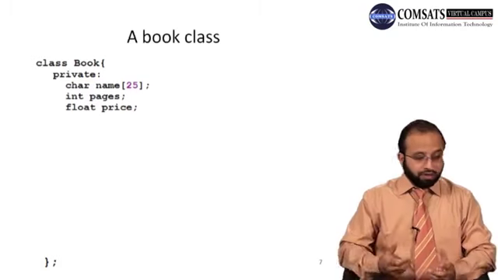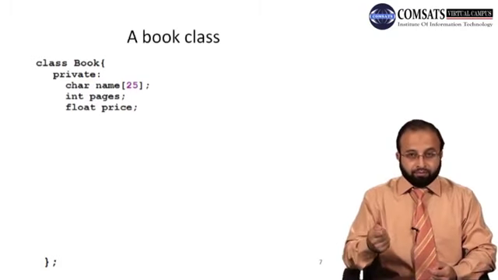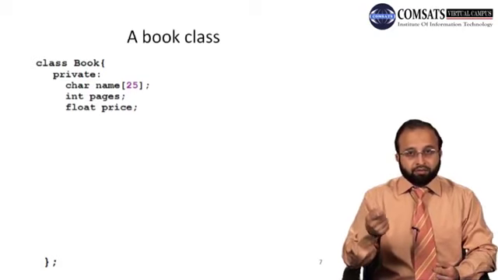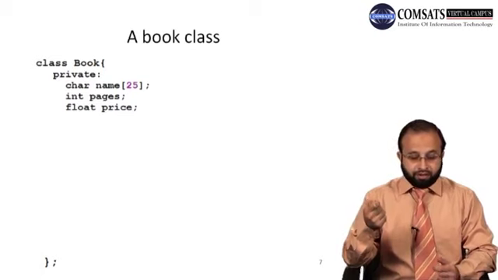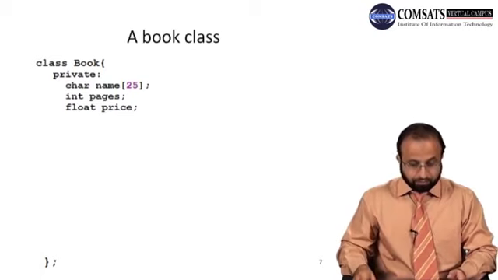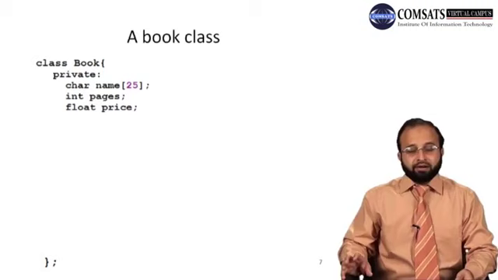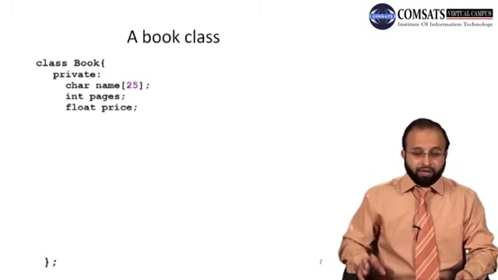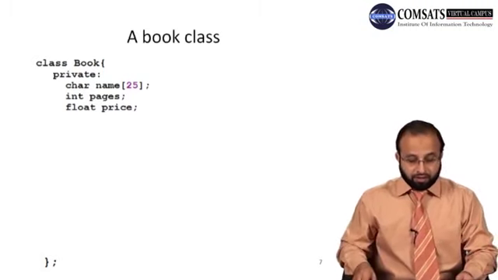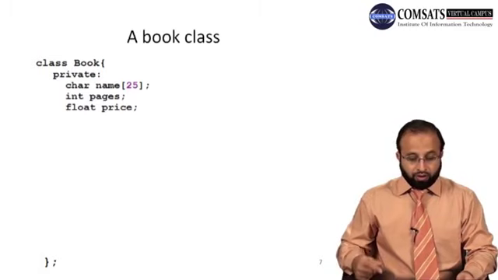For example, any book has some name, it has some price, and it has some number of pages. So these are the attributes of that book, right? And we represent the attributes using variables, and we make the variables private in the class. I will tell you why it is private and what private means.